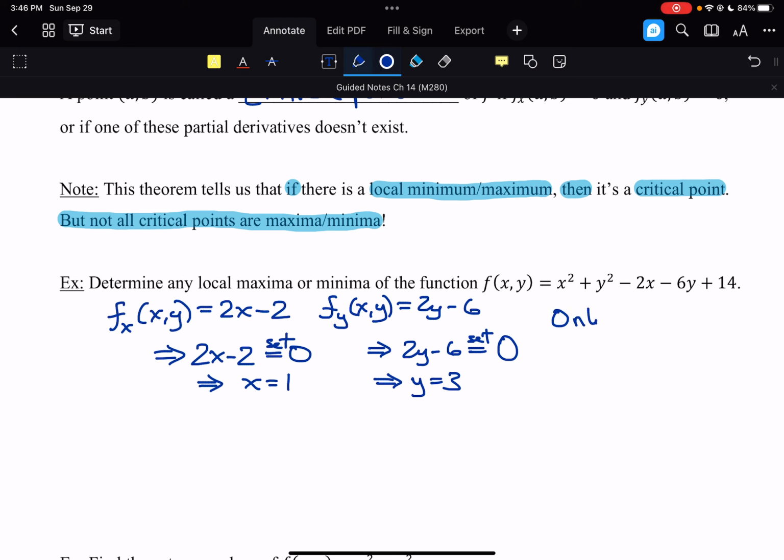So the only critical point is at (1, 3). Now, just because it's a critical point does not guarantee that it is a max or a min. So we have to ask, is this a max or a min?